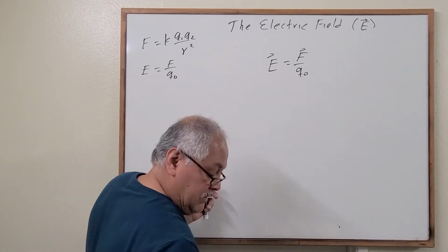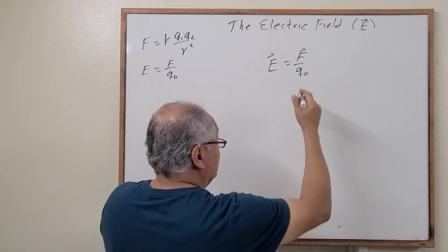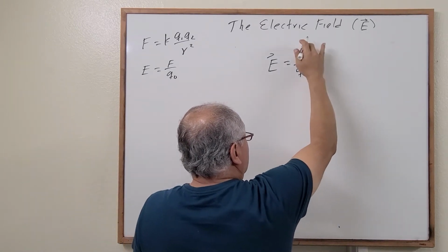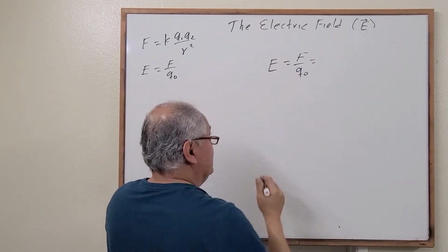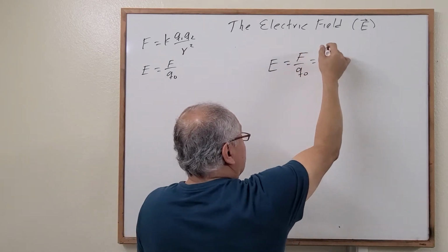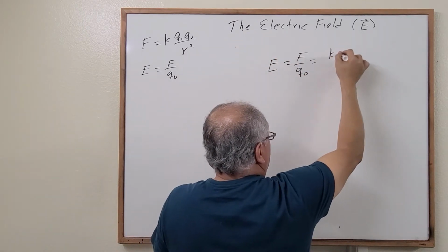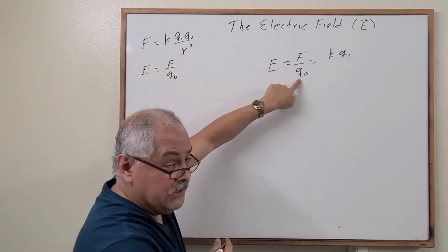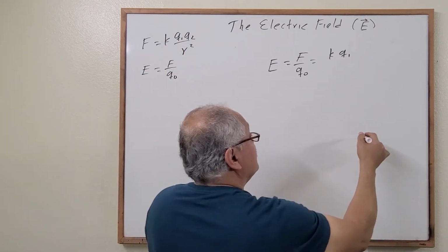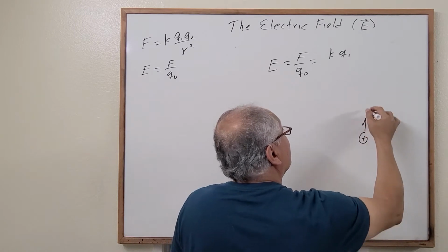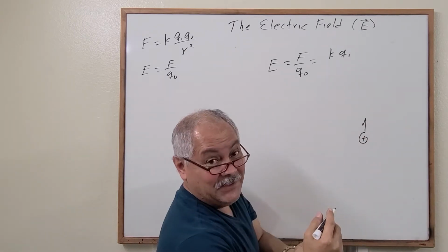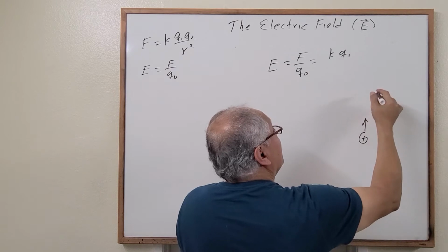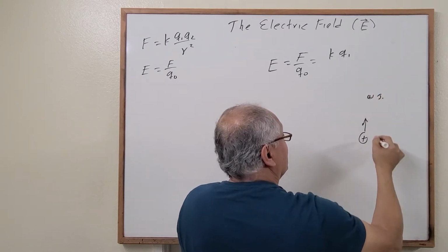Perfect. Now, we can also continue in this analysis, correct? We can say that the electric field, let's use only the magnitude in this chapter. So what is the force using Coulomb's law? K Q1. Now in this case, one of them is going to be this charge, and we have the test charge right here, right?